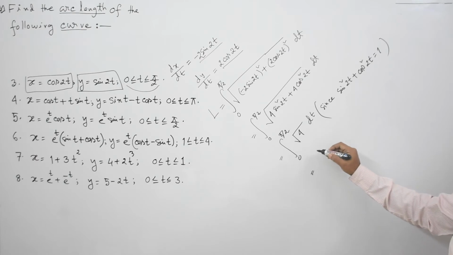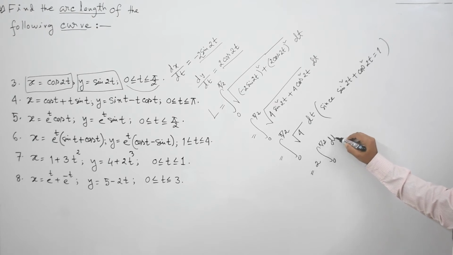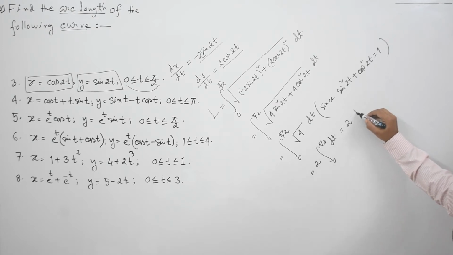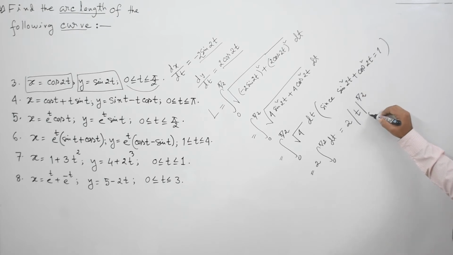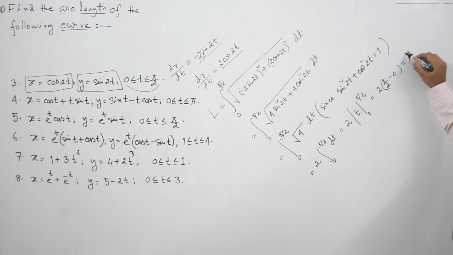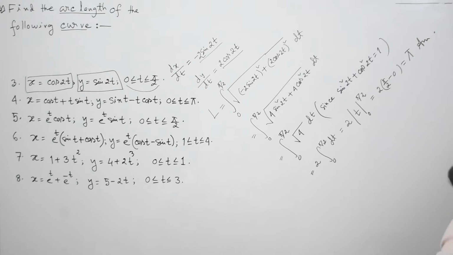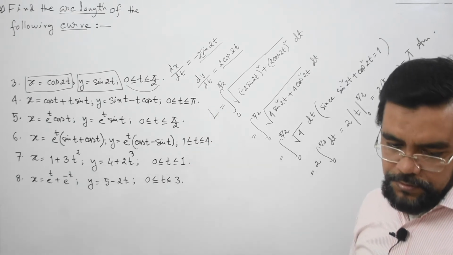So square root of 4 equals 2, integral of dt from 0 to pi by 2, which equals 2 times pi by 2 minus 0, which equals pi. So pi is the arc length of the curve given by these parametric equations.